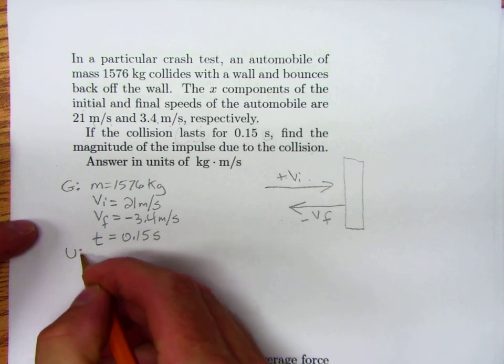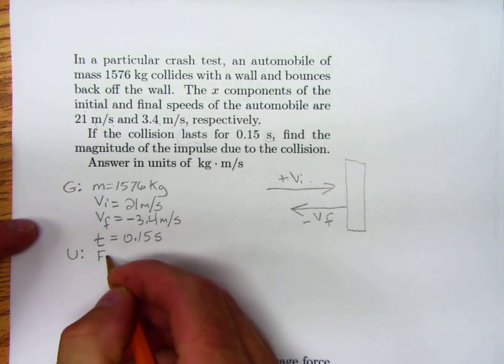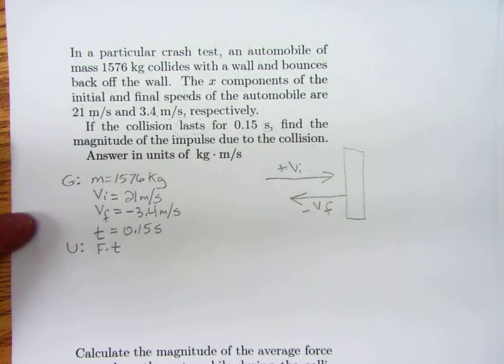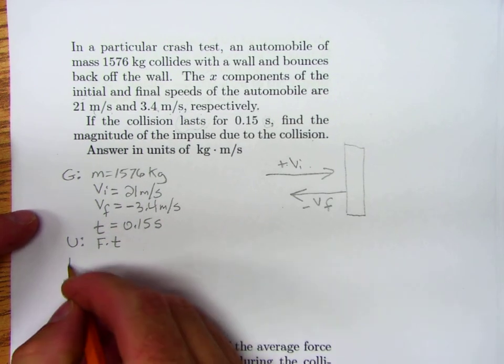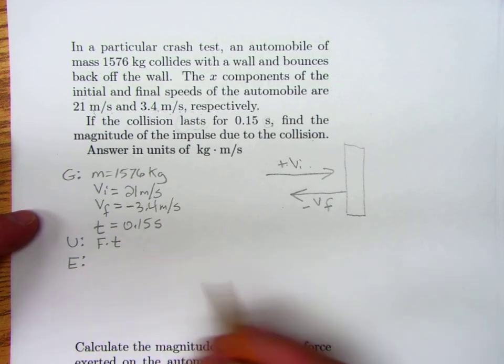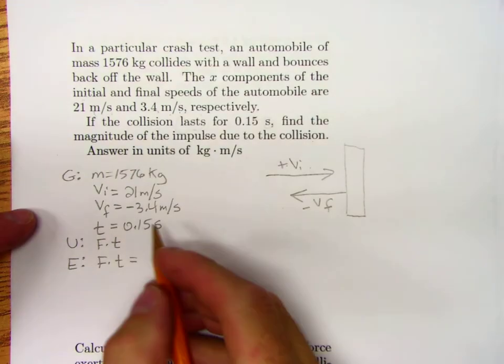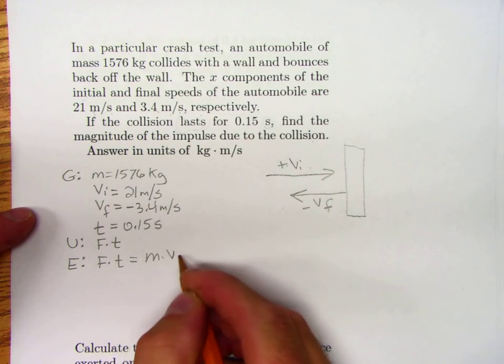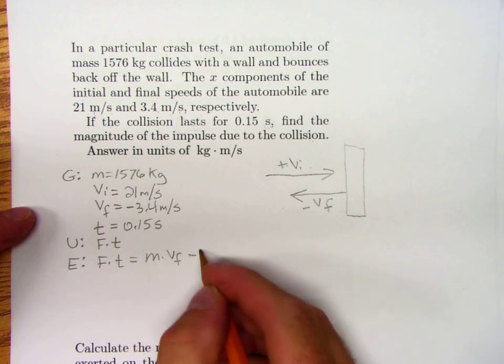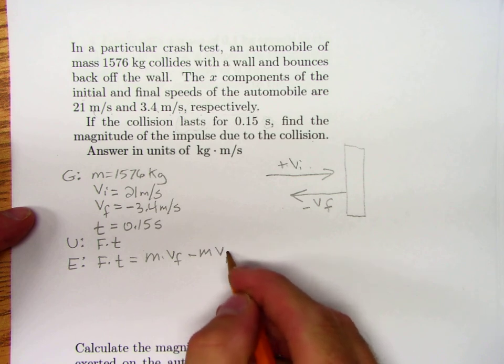So our unknown is going to be impulse, force multiplied by time. Okay, so the equation, well, we know that impulse equals force multiplied by time, and it also equals the change in the momentum, which is going to be mass times final velocity minus mass times the initial velocity.